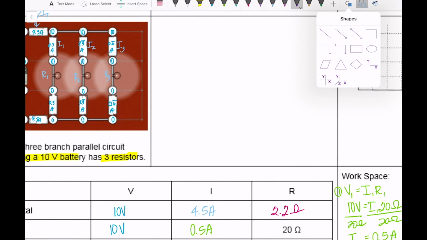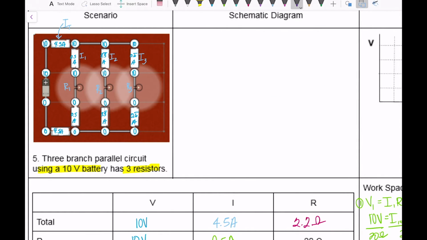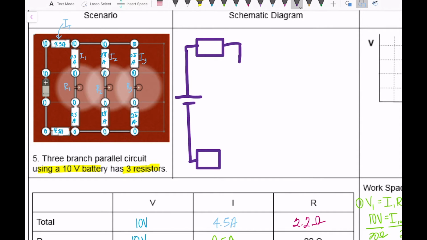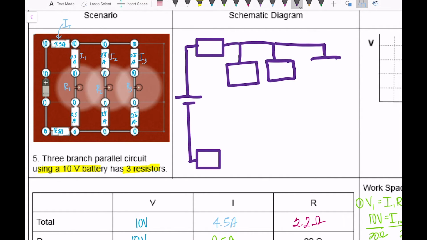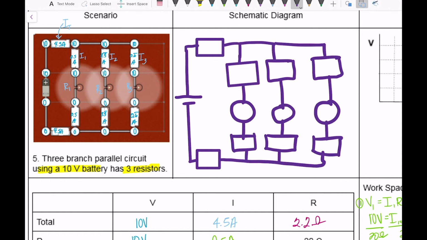All right, now to draw our schematic. I'm going to make my lines a little bit thicker. We have our battery, and then we have an ammeter, and then we have another ammeter here. We have a light bulb, light bulb, light bulb, an ammeter, an ammeter, an ammeter, and they all join at the end.